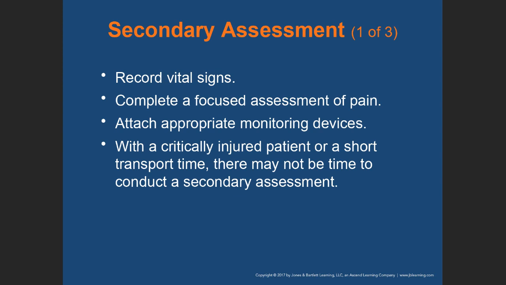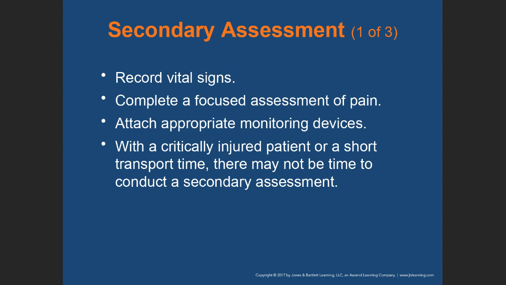Secondary assessment: record vital signs, and this will include checks that you have already done in your primary assessment. So you want a full set of vitals. Consider the patient's level of consciousness, check pupil reaction, respiration with pulse oximetry, and end-tidal CO2 if available.